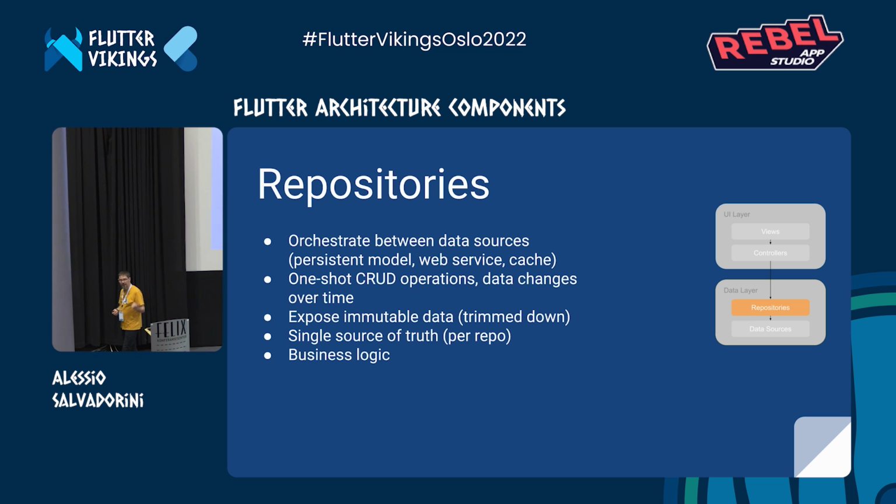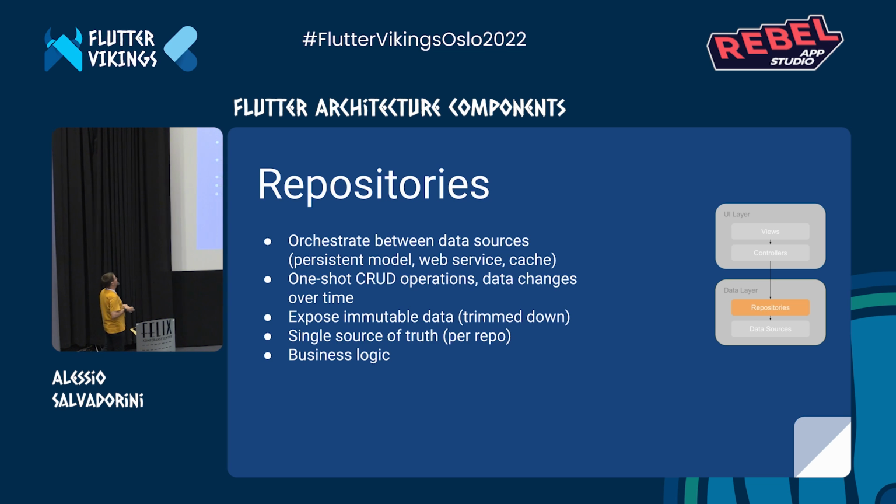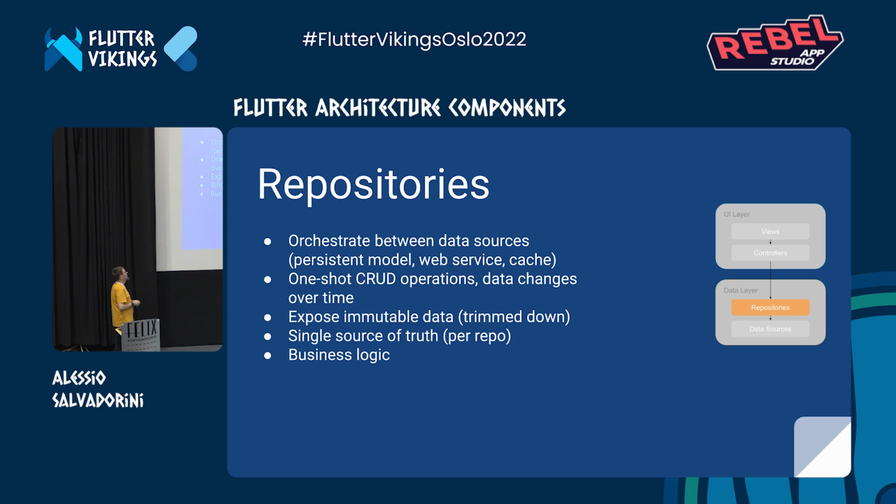Like, do you want to have an offline first approach? Do you want to have an always online approach? These are the classes where you make this type of choices, and the ones that you give responsibility for this type of choices. They have CRUD operations, which are one shot, so you can create, read, update, and delete your data set.